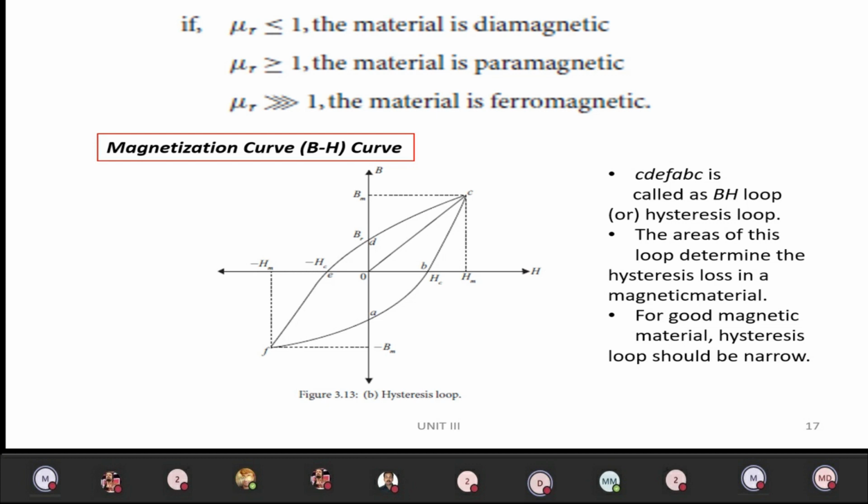So by looking at the loop itself, we can say whether the magnetic material is a good magnetic material or one with only a normal property.